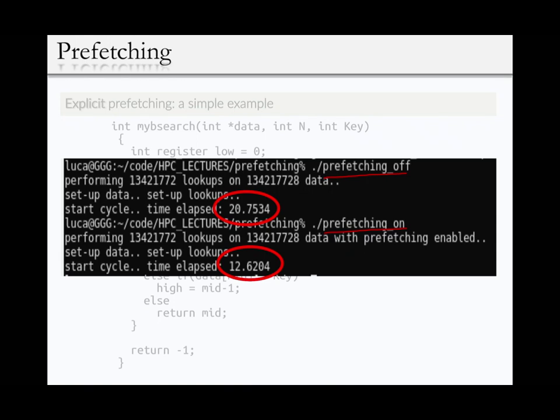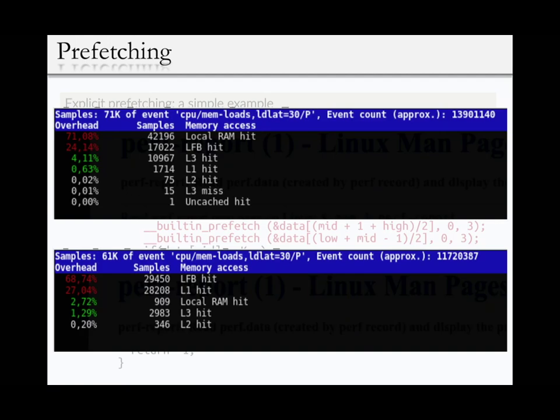So what happens? Exactly the same code, without the prefetching and with the prefetching, is much faster, just because the data are already in the cache. Quite a good result, I would say. So yeah, it is clear why. You cannot see, I'm sorry, this is red over blue.